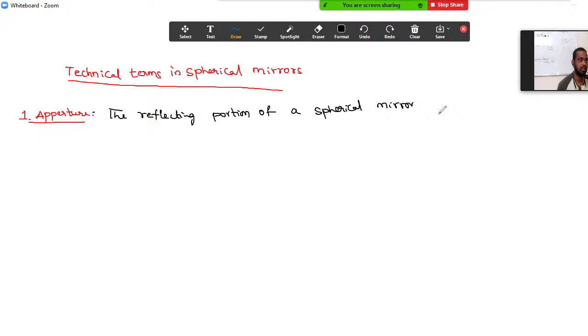And coming to the second definition, pole. Pole is denoted by capital P, right? What is another name for pole?